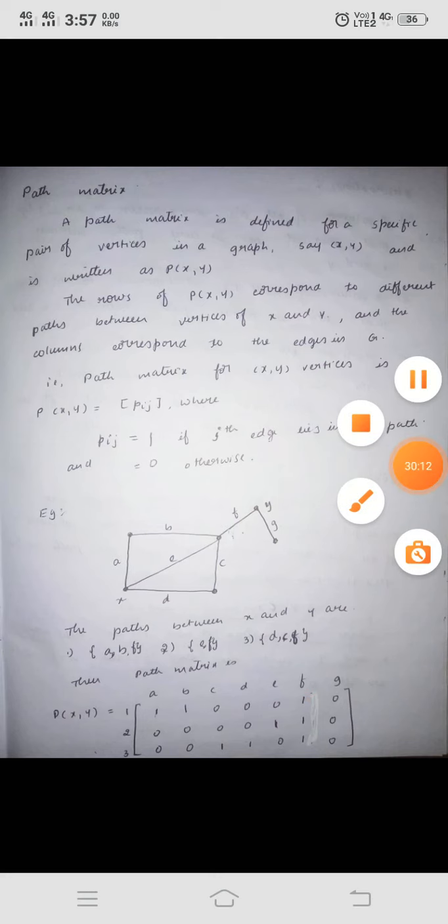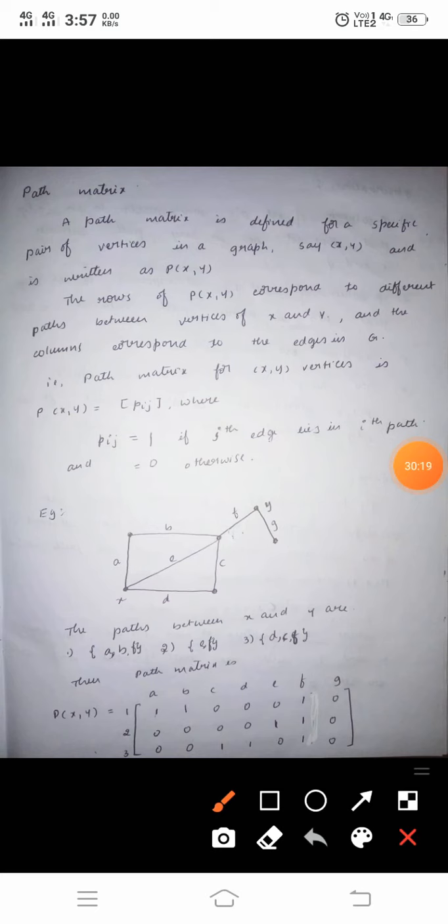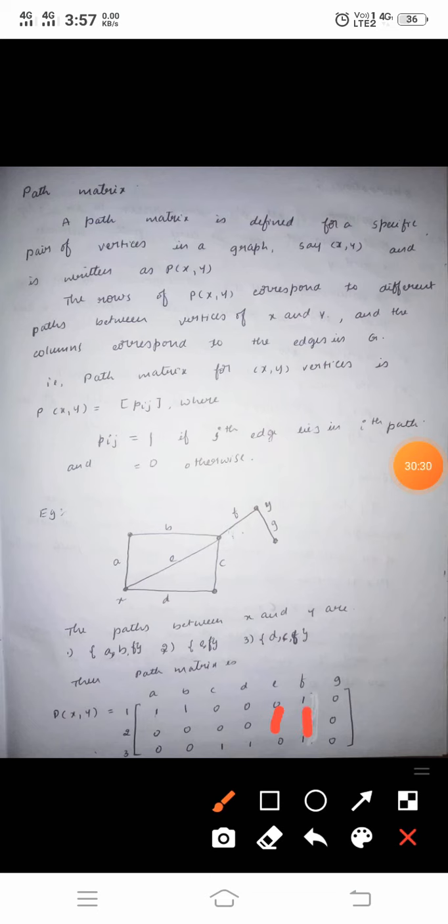In the second path, the edges E and F are present, so only the entries of E and F are 1, remaining all are 0. And in the third path, how many edges are there? Three edges: D, C, F. So entries in C, D, F are 1, remaining all are 0. Okay.